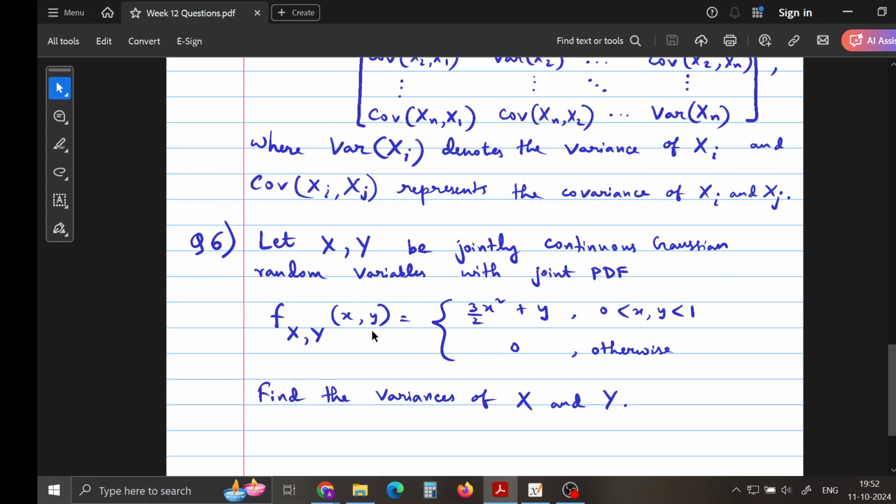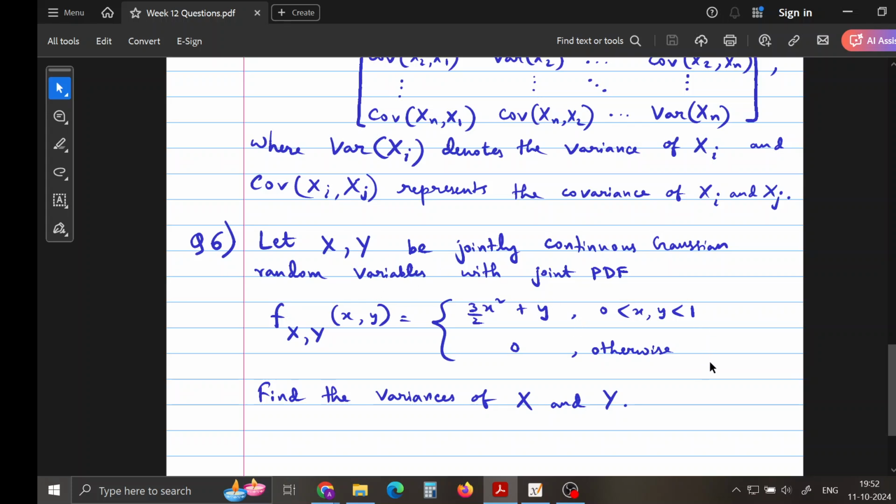Once you know the expectation of x as well as the expectation of x squared, you can get the variance. But for finding the expectation of x or of x squared, you need the PDF of x only, whereas what you are given is the joint PDF.